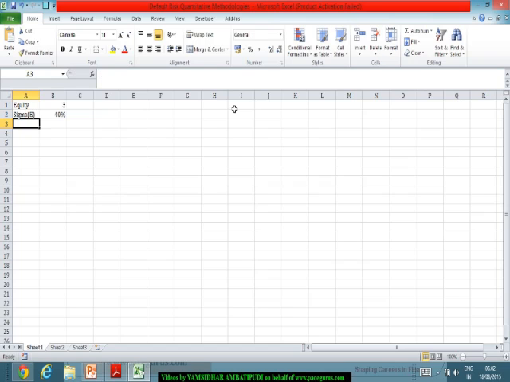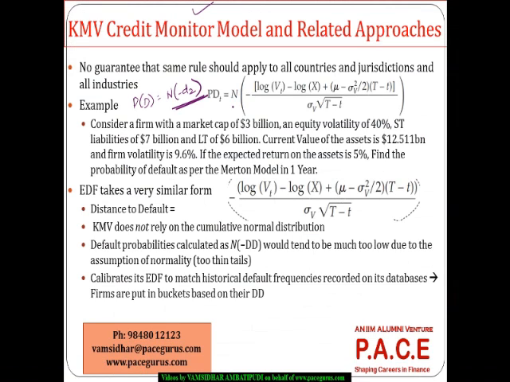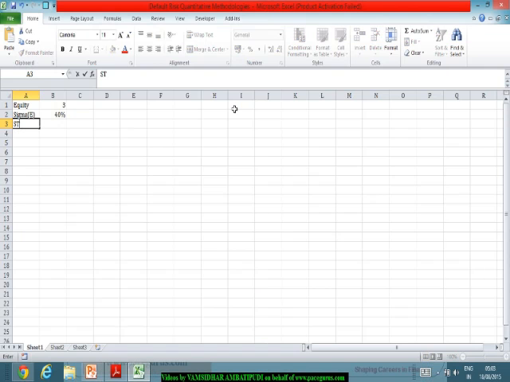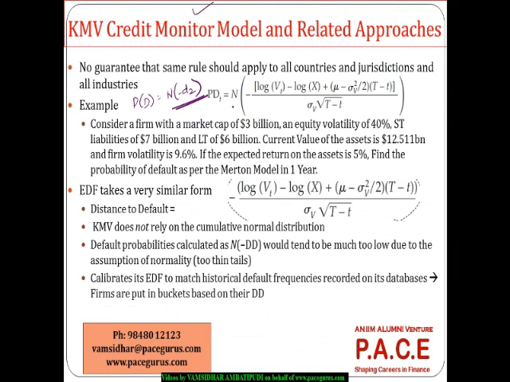Sigma of the equity, I am calling it as 40%. Short-term liabilities of 7 billion. Long-term liabilities of 6 billion. Current value of the assets.